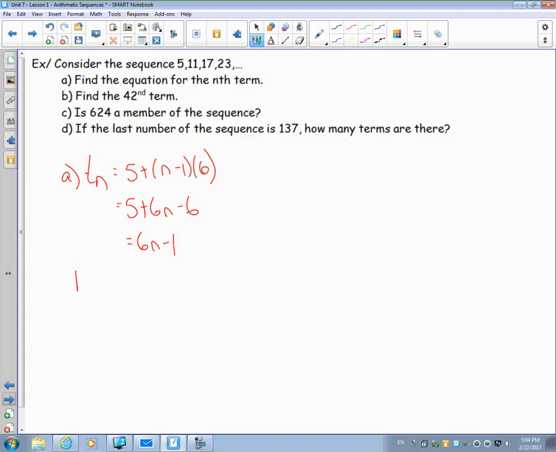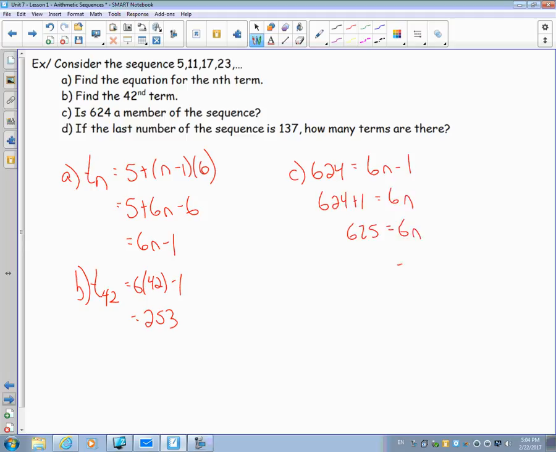Okay, 42nd term, basics. 6 times 42 minus 1. That gives us 251. Okay, is 624 a member? Well, let's see which term that is. So 624 plus 1, 625. And what do I get for n this time?